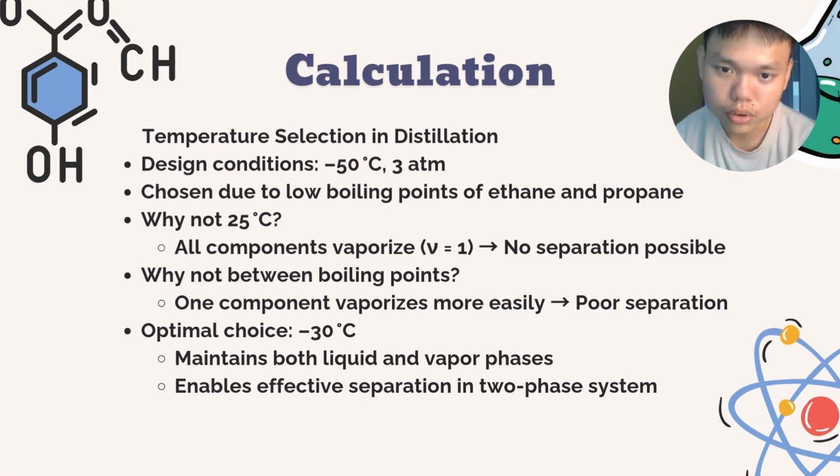If we use 25 degrees Celsius, the whole mixture will be vaporized and no separation is possible, as all the output is vapor. At negative 50 degrees Celsius, we can maintain both liquid and vapor phases and enable effective separation in the two-phase system.